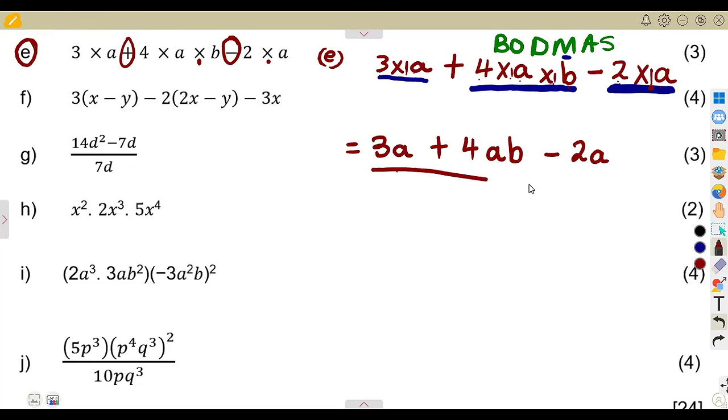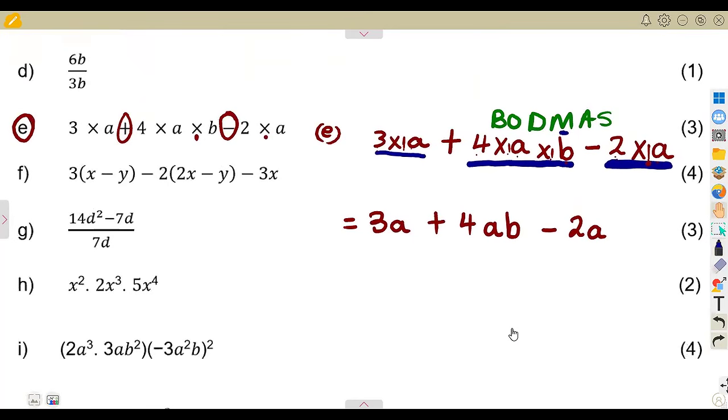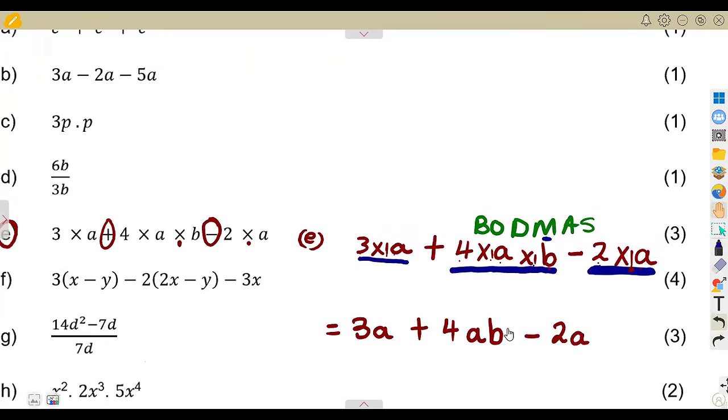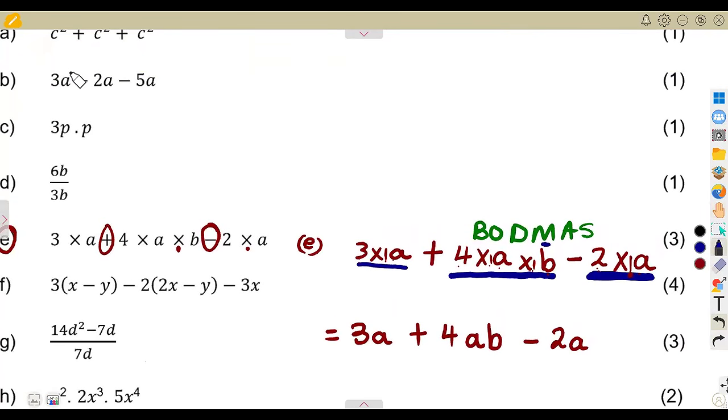So once you are at this stage, you have multiplied this. Then at this stage, consider now your like terms, just like what we had before. If you consider this question, it's exactly this part here, 3A minus 2A. These are like terms. You manage to subtract to say 3 minus 1, minus 2, and you get 1A minus 5A, which ended up giving us 4A.